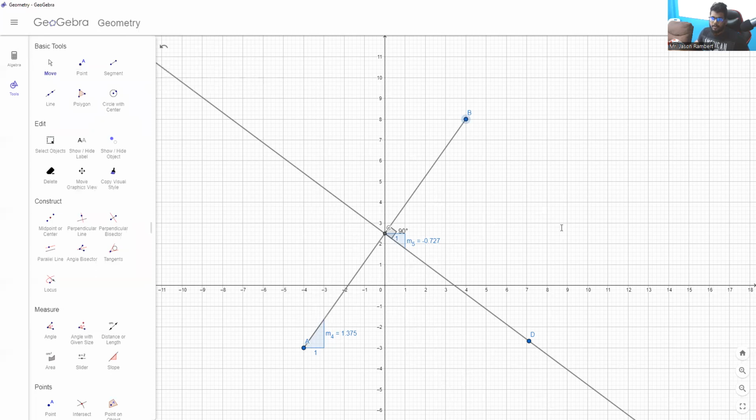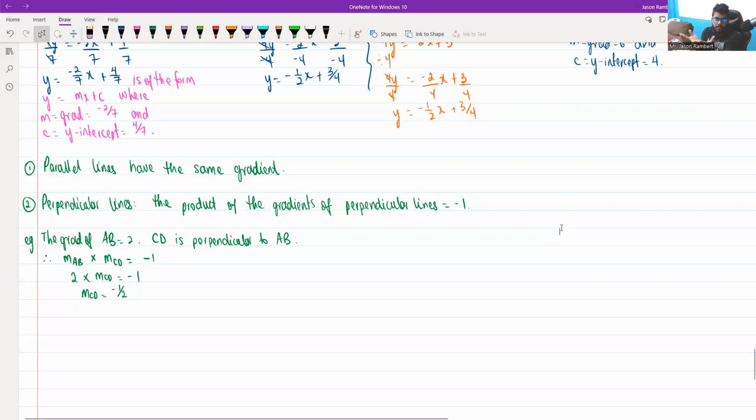And that's the concept of perpendicular lines. When I multiply the gradients of two perpendicular lines, I'll get -1. But this working could be a little bit tedious, especially if you're struggling with your algebra. But there's a workaround, an easier way to do it.